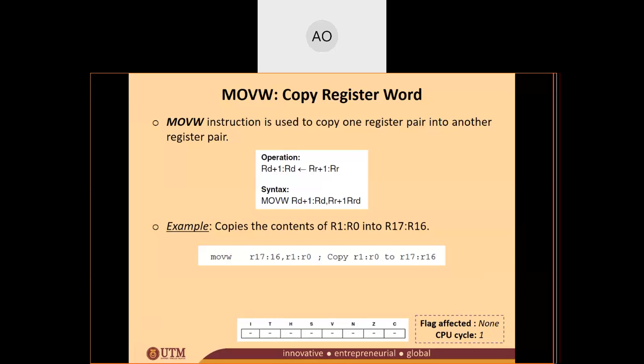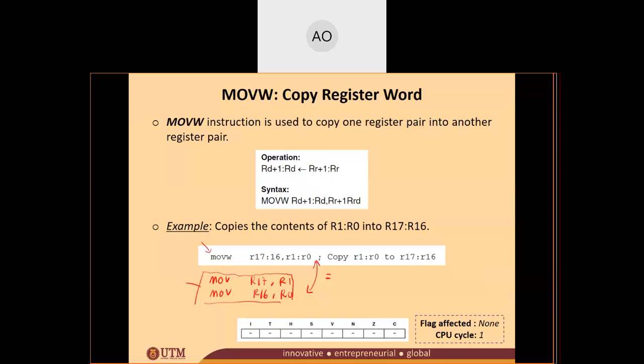How do you copy the content of this example by using the MOV? This is the first line: MOV R17, R1, and then another one here is MOV R16, R0. So this is equal to the other instruction. The difference is, if you're using MOV, you need 2 lines of instruction, but this one only needs 1 line.